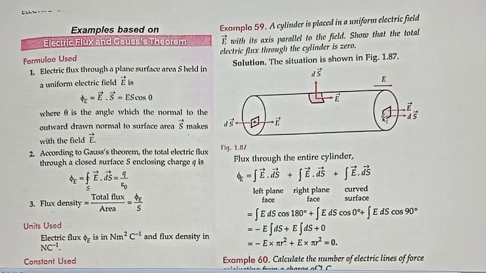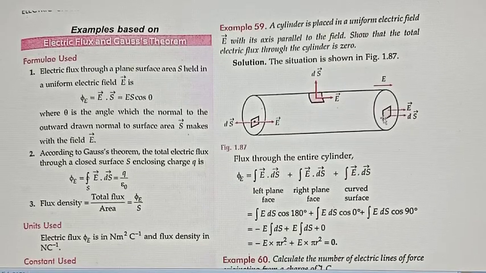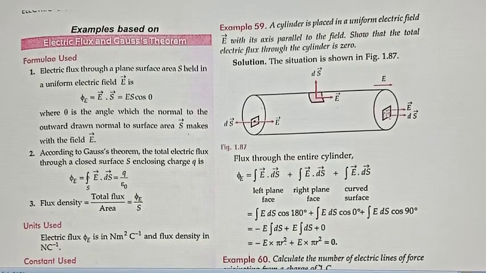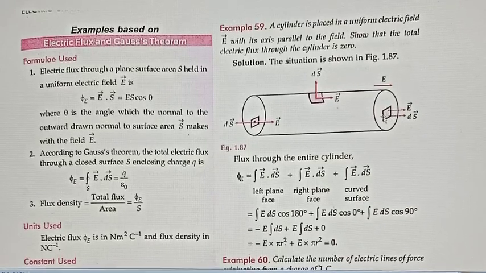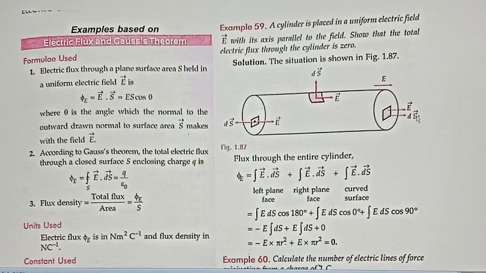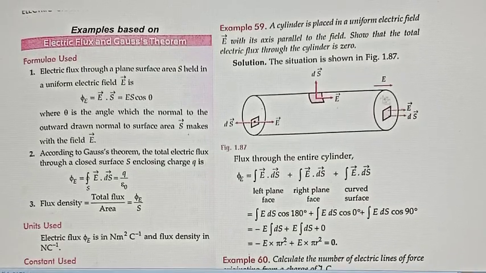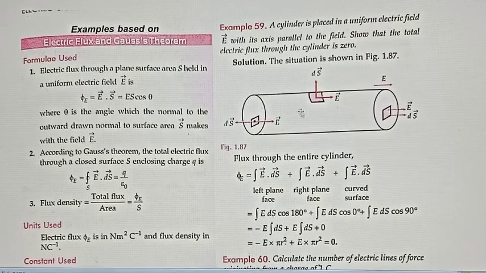Now if you consider any small surface element ds on these surfaces and draw the area vector, the electric field is along the axis of the cylinder, and it is already mentioned that the direction of the electric field is parallel to the axis.